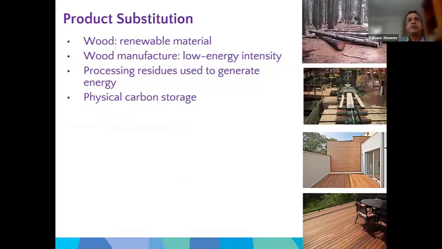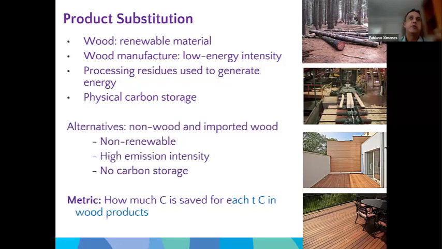Now, we talked about carbon storage in products. The other opportunity, or the other benefit, is product substitution, which is basically a virtual benefit. The way that it's expressed is by quantifying the benefits that you would typically get over other materials. So basically, wood is renewable, it requires comparatively low amounts of energy for manufacture, you have the ability to use the residues to generate energy, and obviously it's physically stored carbon.